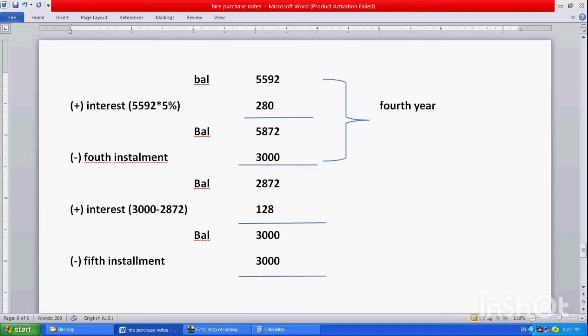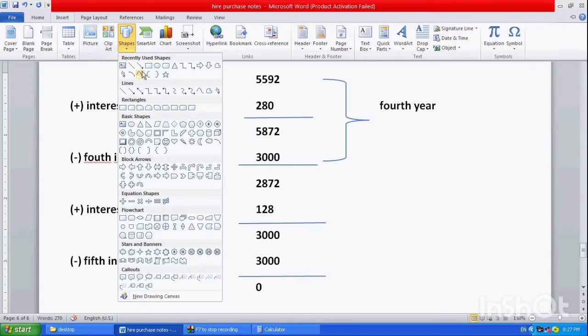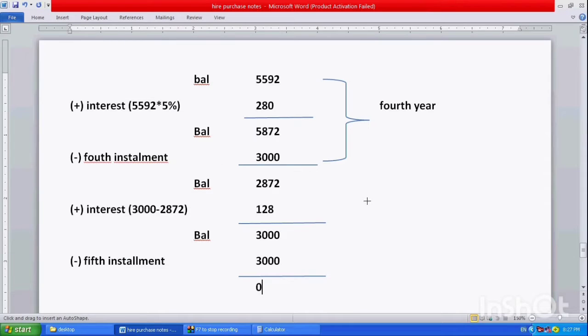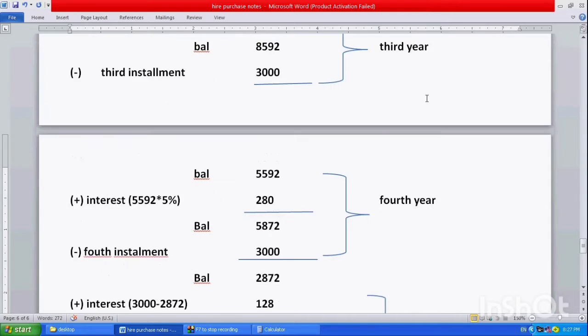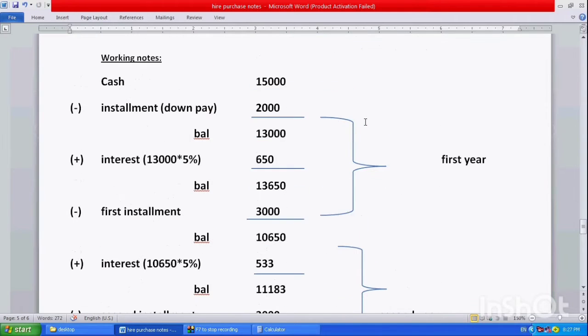So now its present value is 0. So we have paid everything to the vendor. This is how we have to prepare the working note. So now I'm making a memorable arrow. So this is for the 5th year. Okay, this is how we can prepare working notes.